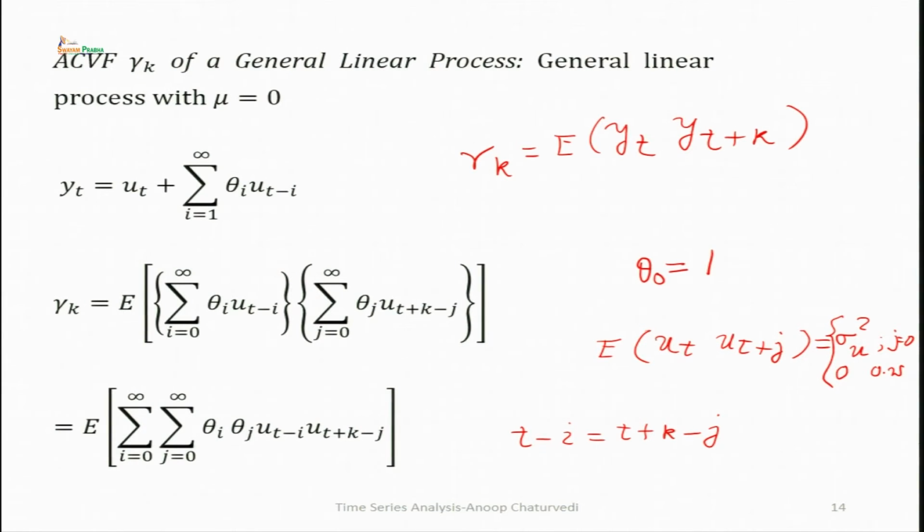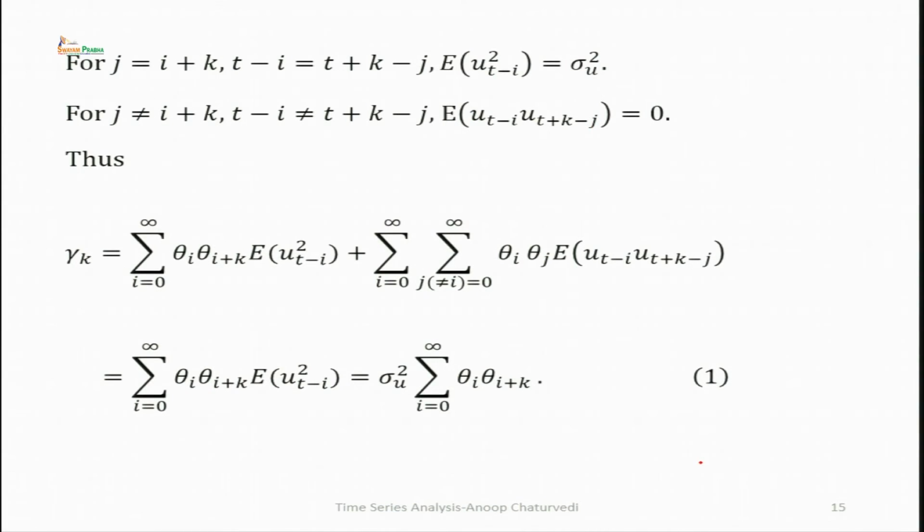So, only those terms for which t minus i is equal to t plus k minus j, the expectation is non-zero, and for all other terms the expectation is 0, or you can say for those terms for which i is equal to j minus k, or j is equal to i plus k.